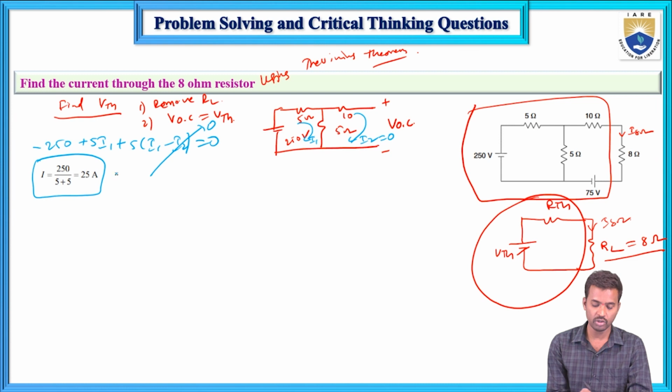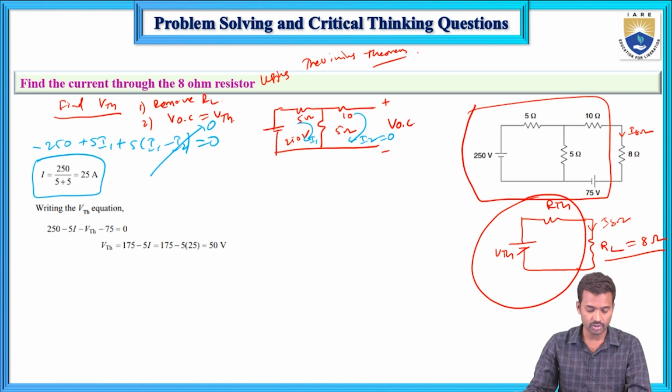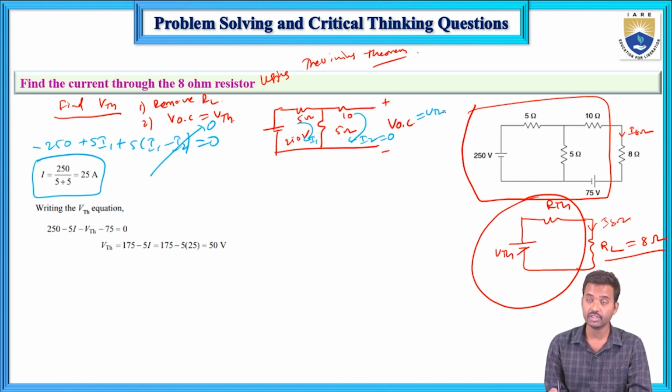So 5 into 25 is 125. Otherwise, if you apply KVL in this loop, this is VTH, the Thevenin's voltage: 5 into I1 minus VTH minus 250 equals VTH, 10 and next 75.